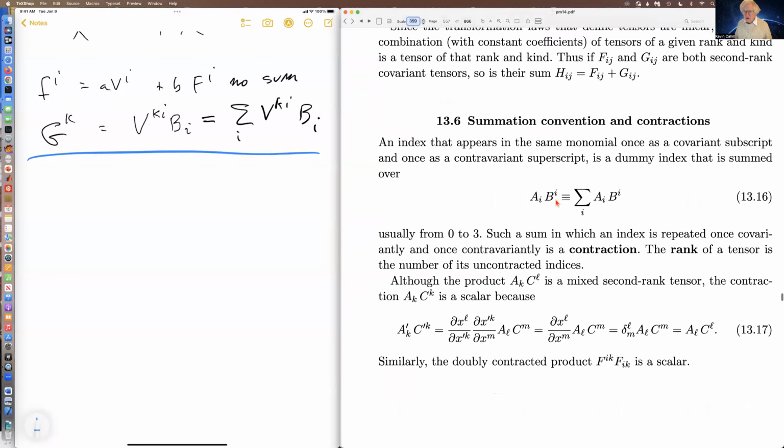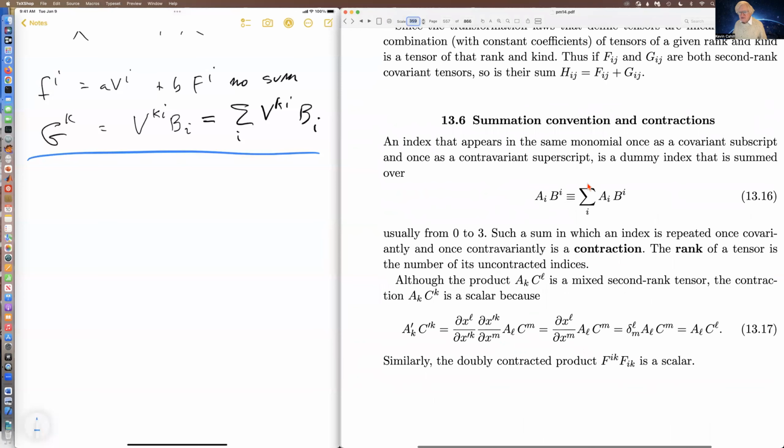Let's see, there's something called a contraction, and we've seen these two or three times already, but it's good to look at them formally.